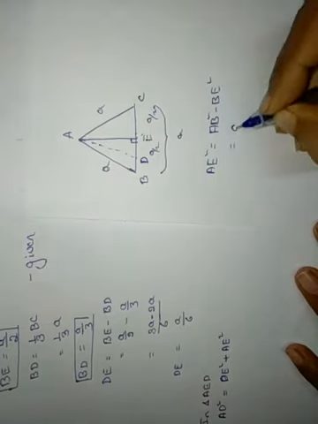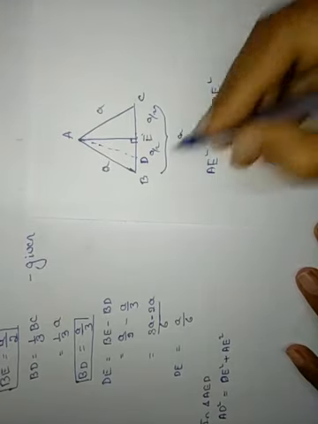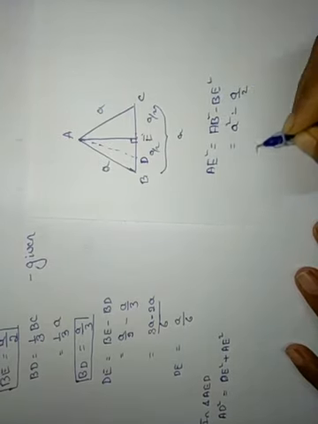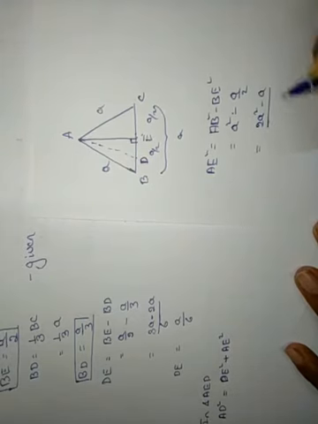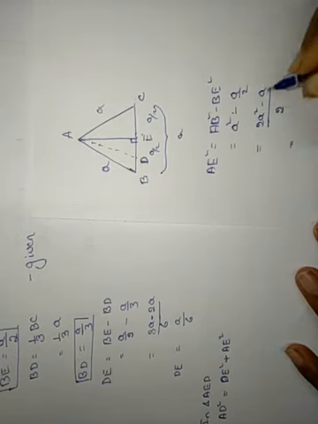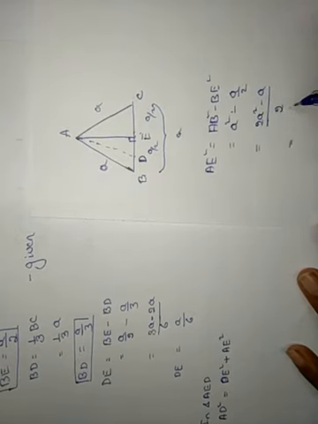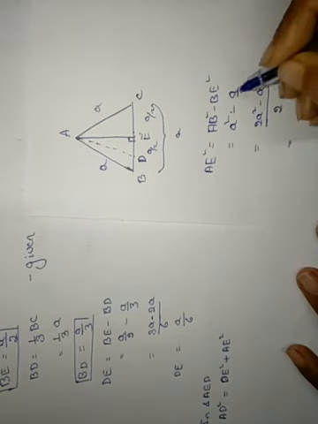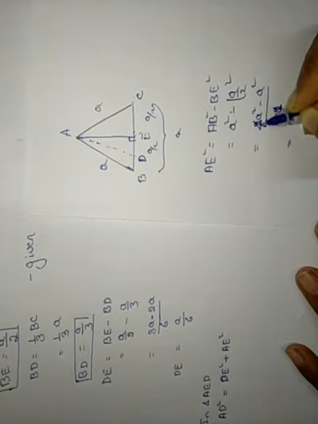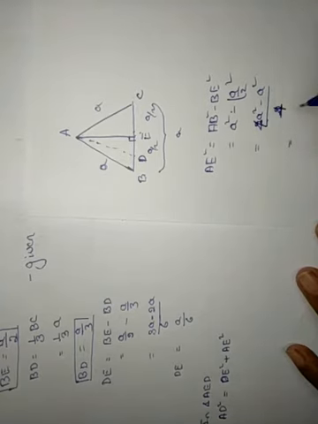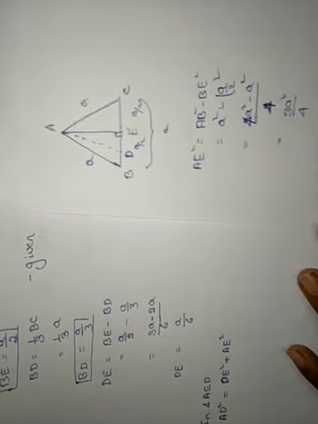AB here we know is a square, minus BE, which is (a by 2) square. So we get a square minus a square divided by 4, and this will be 4 here. Now 4a square minus a square means we'll get 3a square divided by 4.